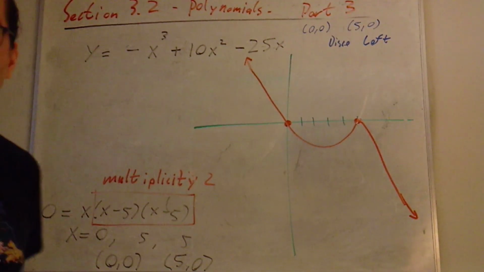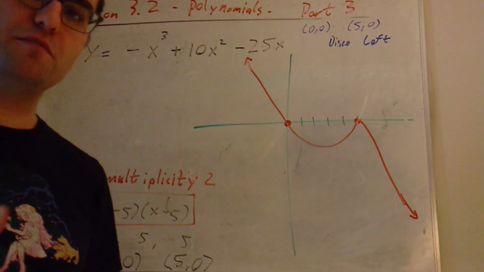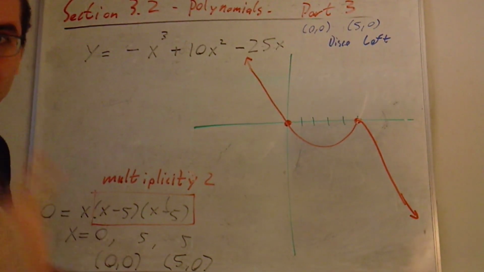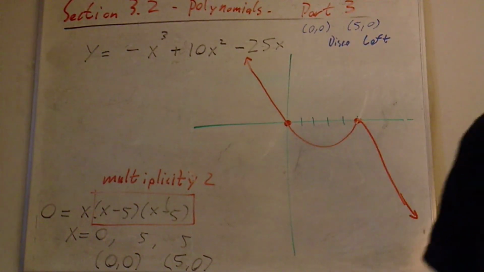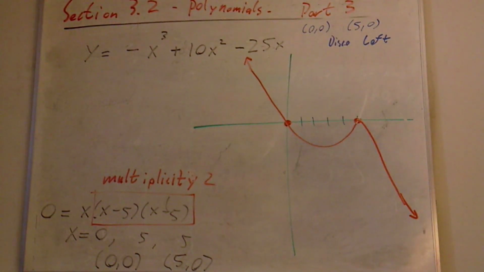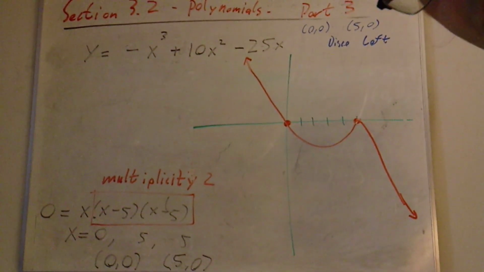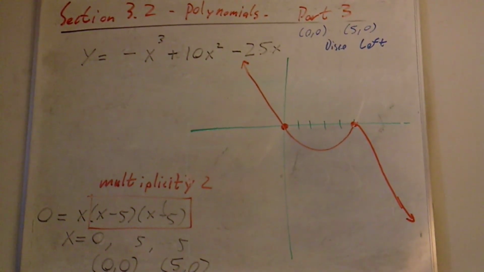Things that have even multiplicities are going to bounce off the axis. Things that have odd multiplicities, this is multiplicity 1. Multiplicity 1 is kind of what we're used to in the other examples. It'll cross at a multiplicity 1. It'll bounce at a multiplicity 2. I'm going to talk more about that in the next video. I think this camera's about to cut me off here. So, part 4 is incoming.